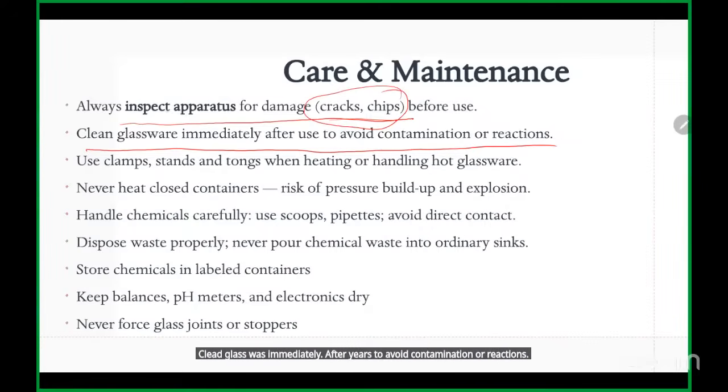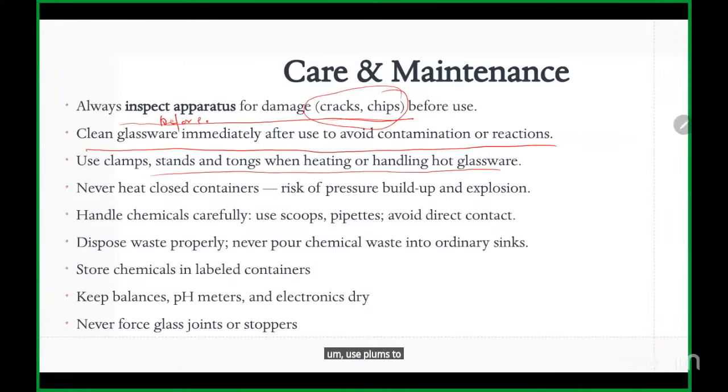Clean glassware before and after use, please, not only after use. Use clamps to handle hot glassware. Never heat closed containers because pressure can result in explosion. Handle chemicals with scoops, pipettes. Don't touch them directly. Dispose of chemicals appropriately.